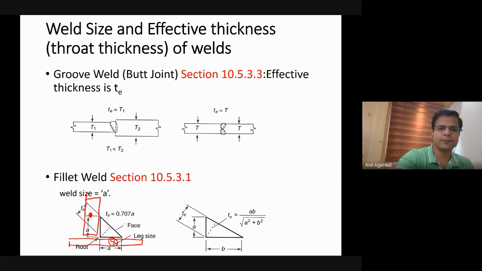Alternatively, you may have a situation wherein this plate is being pulled this way and this plate is being pulled this way, right? That is also one possibility. It may be easier to understand if I change the geometry of this plate.